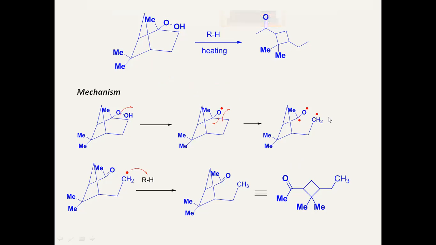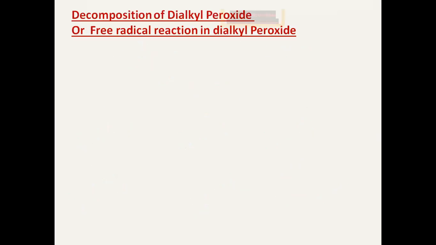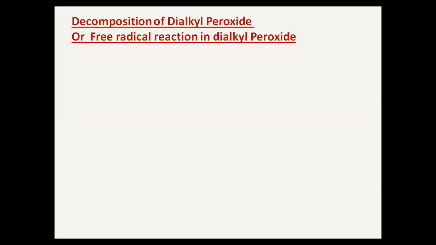Let us go for the next discussion. That is the decomposition of dialkyl peroxides. This box is coming, you are not able to see it properly. Yes, now it's okay, but the box will come.